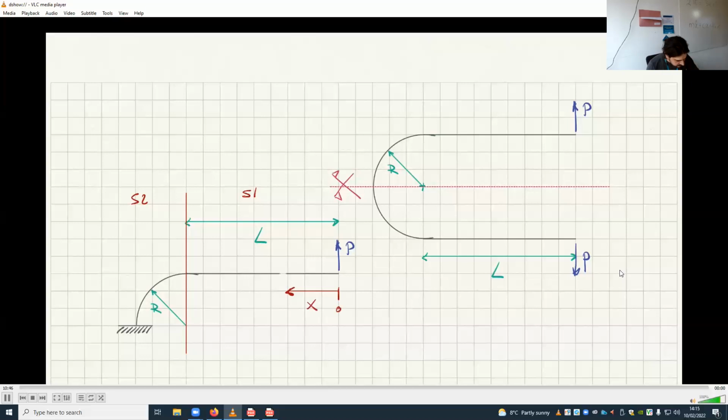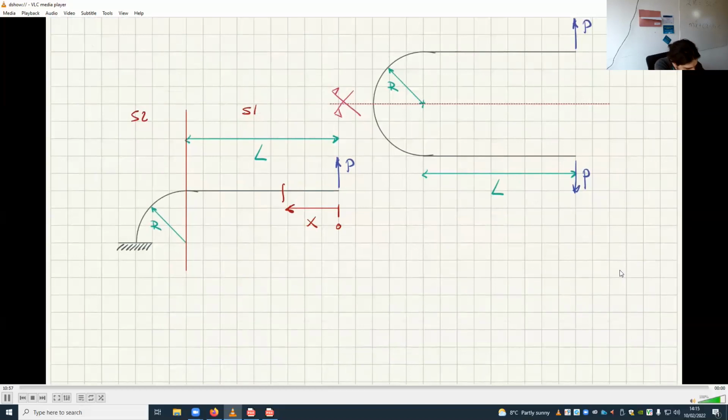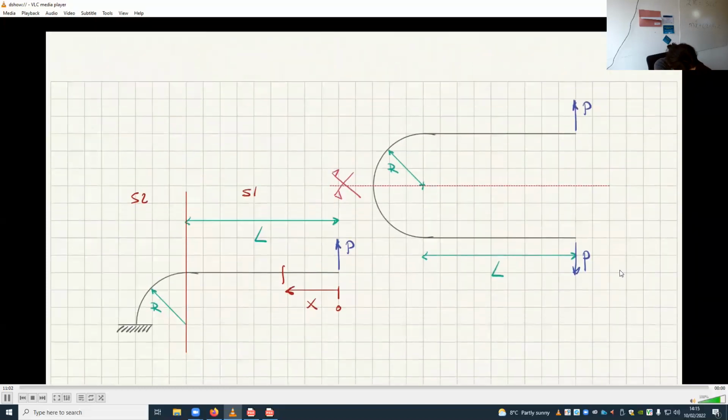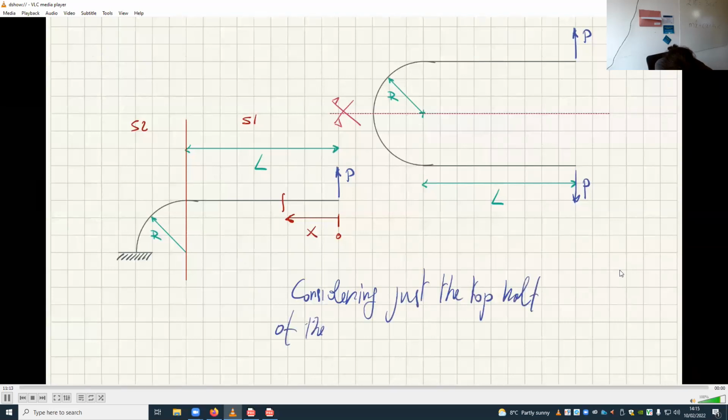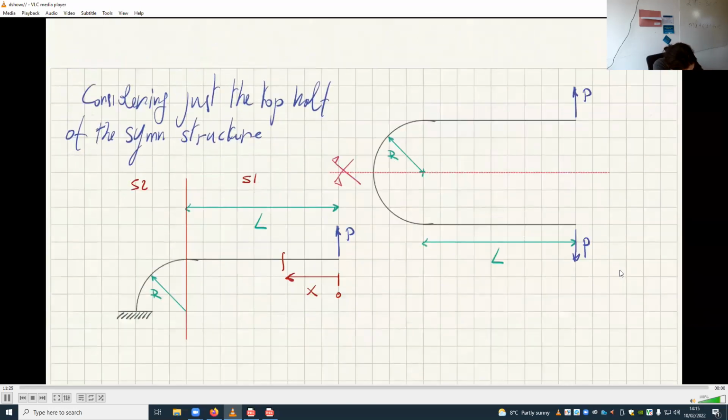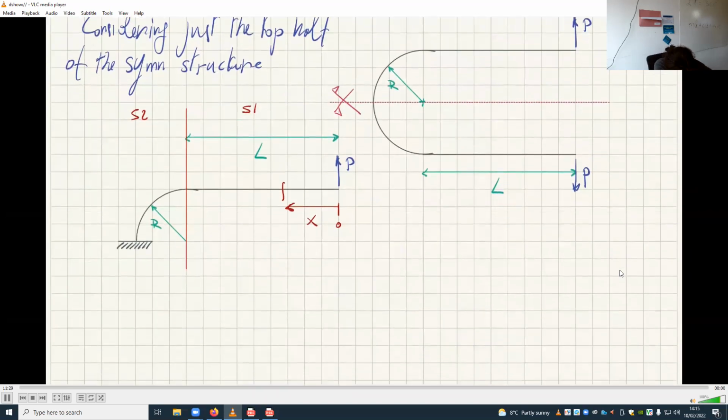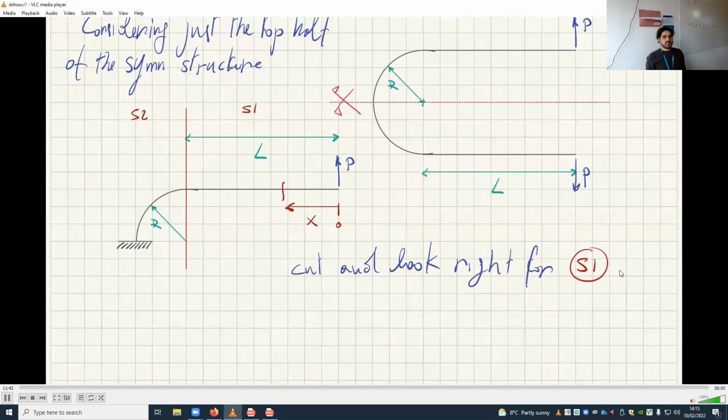So if I cut here and look right, because it's easier to look right, considering just the top half of the symmetric structure, cut and look right for segment 1.